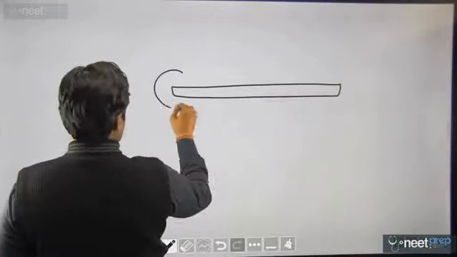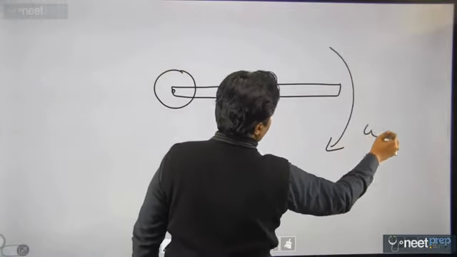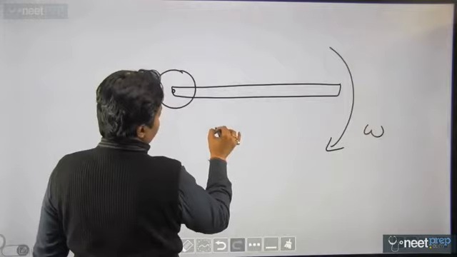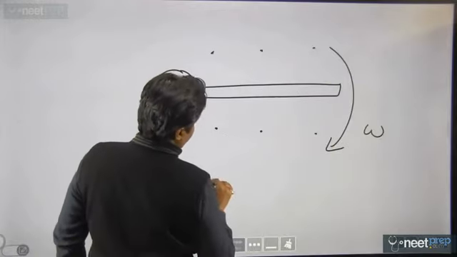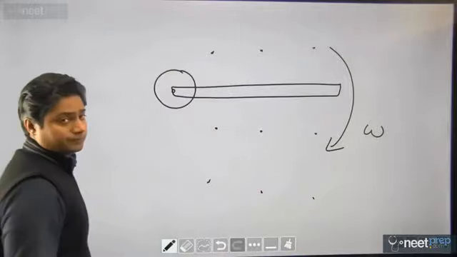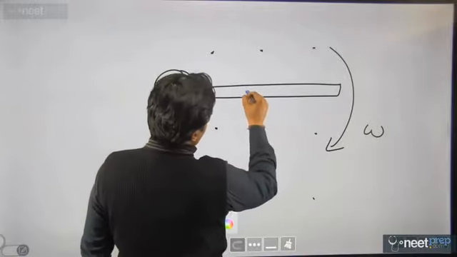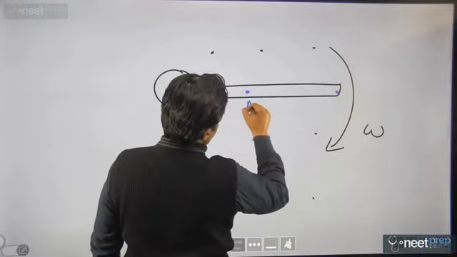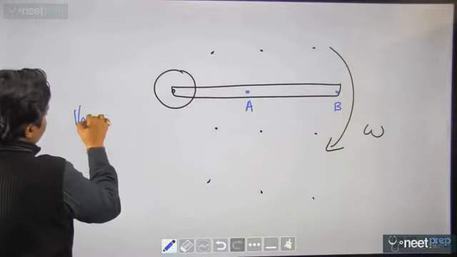So this is a rod, this is the center, let us say it is rotating with omega, and this time the magnetic field is outward, the dot represents the magnetic field in the outward direction. They want to ask what is the potential difference between the midpoint and the end point. Let us say this is point A and this is point B, and they are asking what is VA minus VB.